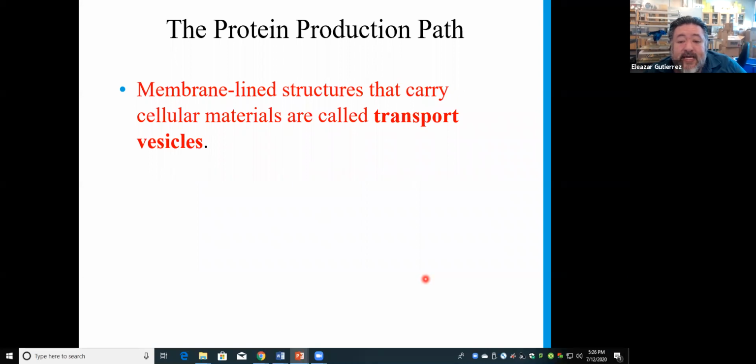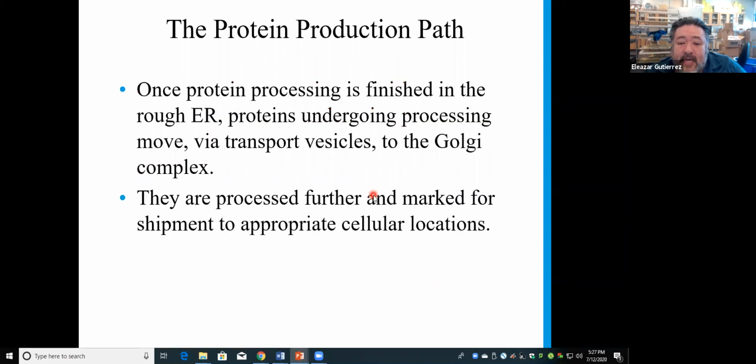So what that means is that they get put in little boxes, okay? Those little boxes are called transport vesicles, okay? And they go from the rough endoplasmic reticulum, and they enter what's called the Golgi complex. What's the Golgi complex? It's FedEx, it's UPS, it's the U.S. Postal Service.